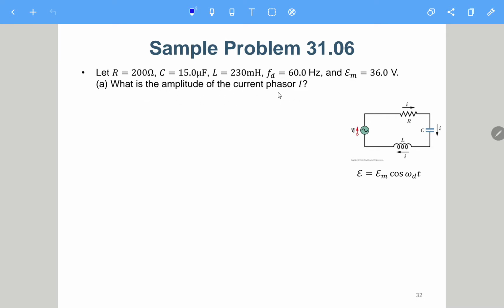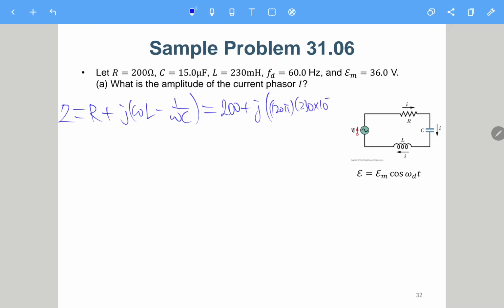What is the amplitude of the current phasor? So here Z is R plus J omega L minus 1 over omega C. Okay, so R is 200 plus J, and then this FD is 60, so omega is 120 pi, and then L is 230 milli.